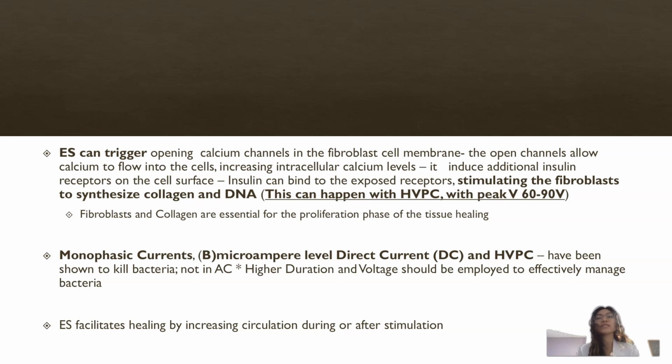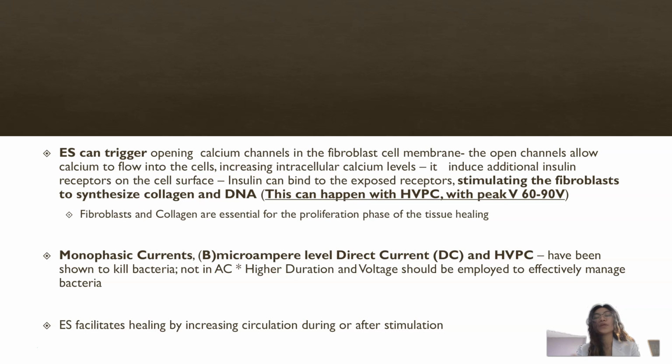So, para sa itong additional insulin receptors, one of the factors kasi, kaya matagal yung wound healing would be, yun nga, mataas yung blood glucose. So, kailangan natin ng additional insulin receptors so that they can let the glucose inside the cell. Especially yung glucose, pagkain din siya mismo ng cell kasi.